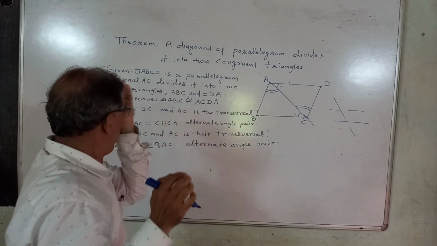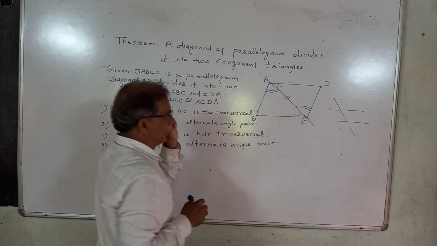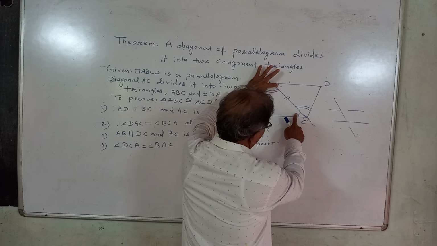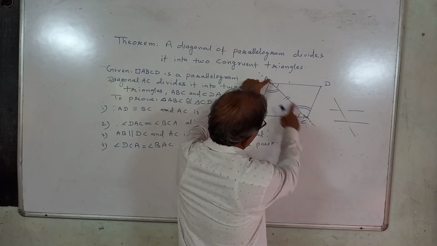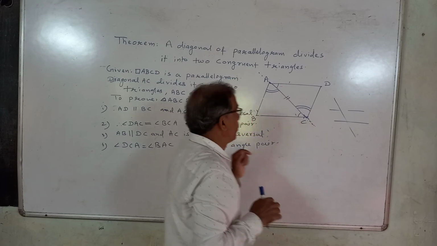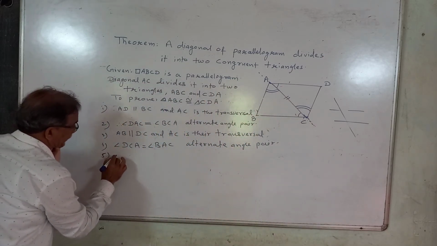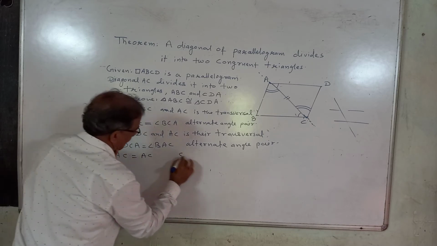And now you can see here, this side is common to both, and this is the side between the two angles. So AC is equal to AC, common side.